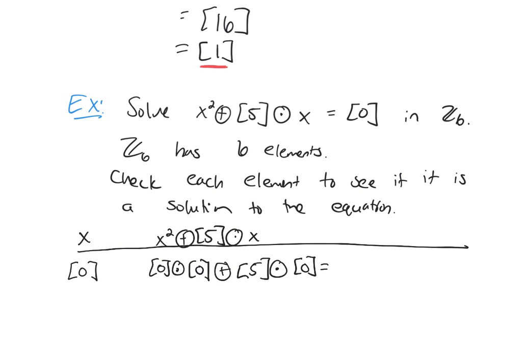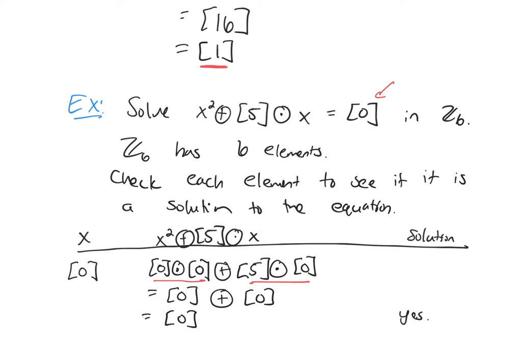So you're going to start with multiplication. So this 0 times 0, that's 0, plus, and then 5 times 0, that is also 0. 0 plus 0 is 0. In the end, look at your equation here, you want it to be equal to 0. So is this a solution? Yes, this is a solution. I got 0 back.